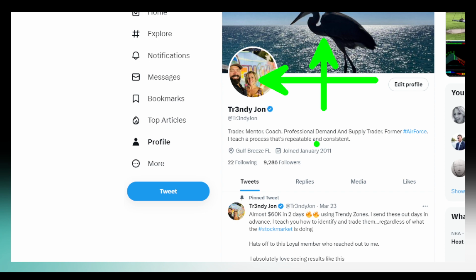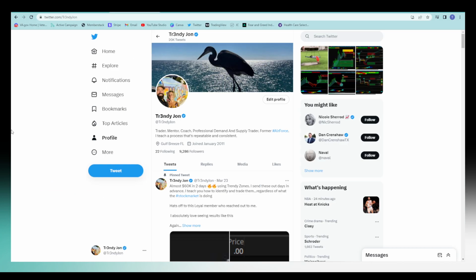And the TR3NDY, let's talk about that really quick. A lot of people don't understand this. The T stands for trend, because I like to say that I like to follow the trend in the market. The R stands for range, because I really am, at the end of the day, a range trader. I like to trade between different ranges on a weekly, a monthly, and so forth. And the N stands for no news. Our family is a no news family.